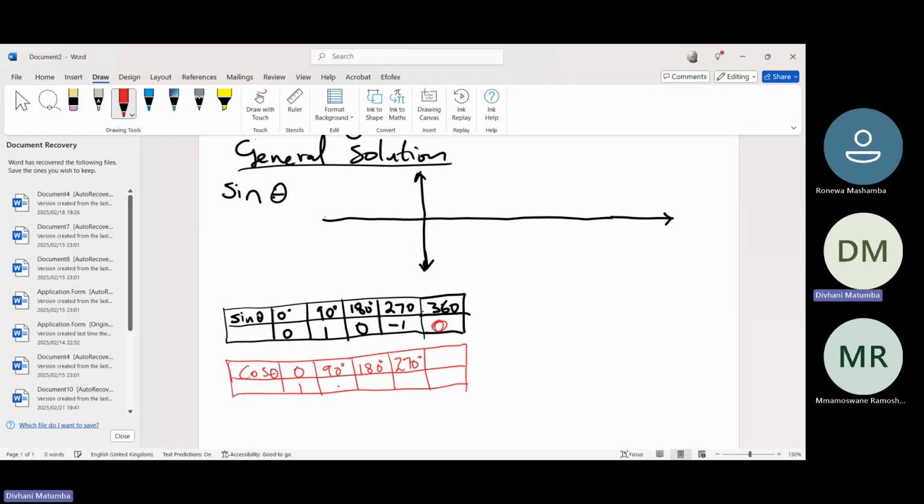Cos of 90? 0. 180? -1. 270? How much did you get for 270? I got 0. 0, and 360? 1. Perfect. Okay.